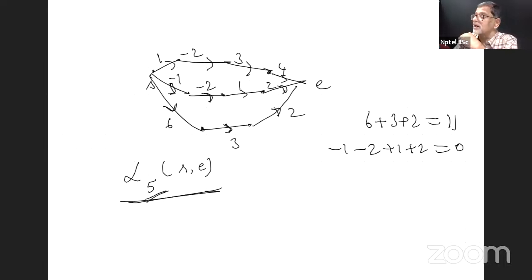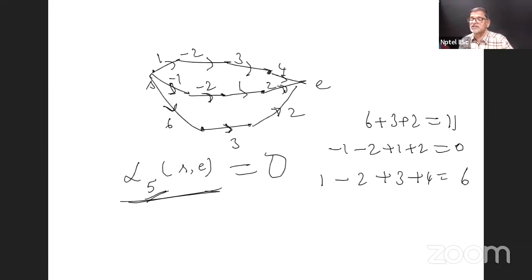That is 1, -2, +3, +4, that is 7, -2, 5, +1, 6. So I have considered all the walks with less than or equal to 5 edges. Take the minimum, and that is 0 among 11, 0 and 6. Therefore, in this figure, alpha 5 SE is 0.